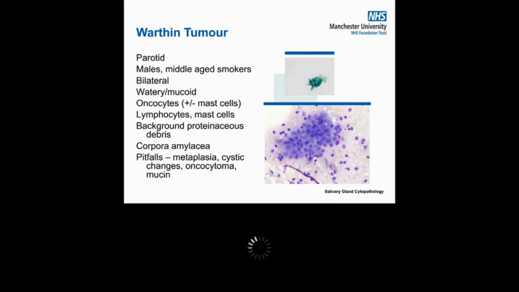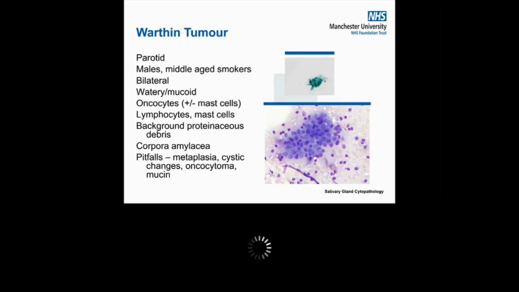The main one here will be mucoepidermoid carcinoma, which can have cells that appear oncocytic, and so there's a risk of a false negative diagnosis if we interpret those as oncocytes. So careful consideration for mucin in the background, as well as the mucinous cells, and also take into consideration the patient demographics.